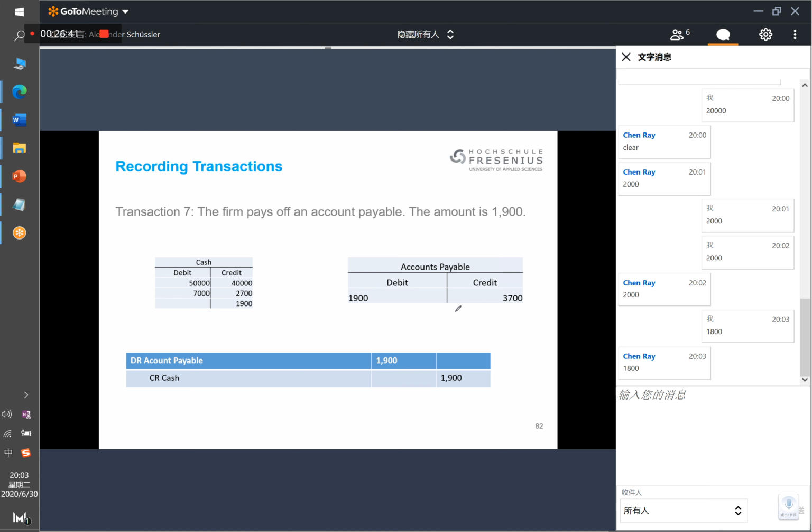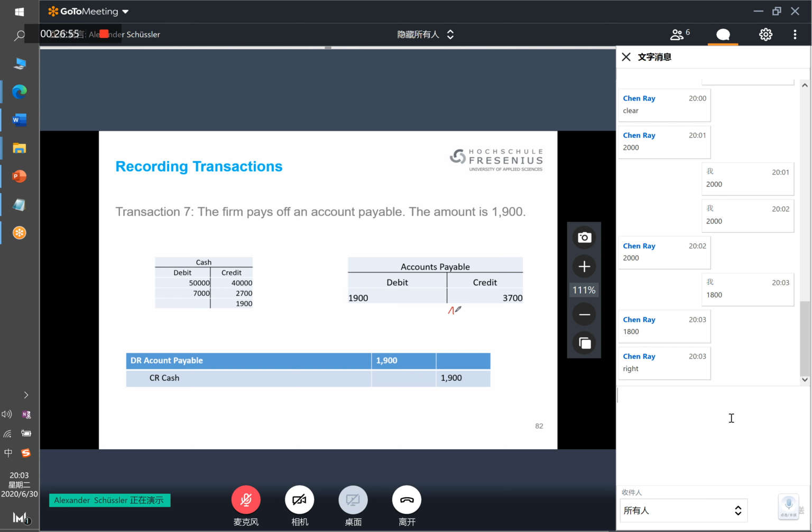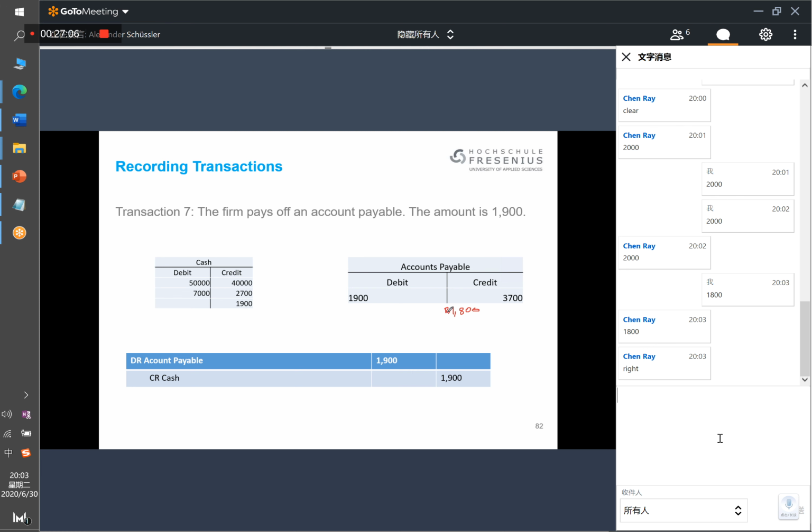Yeah, 1,800. And on which side? Right side or left side? Where do I put it? Right, exactly. Very good. Right side. 1,800 is our balance.